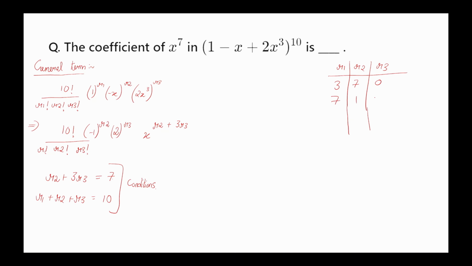I can have 7, 1 and 2 here. And what else can I have? I can have 5, 4 and 1. This is one more thing that can be done. So keep this in mind. Now that I've found only 3 cases, apart from this, I do not think there are any more cases that can solve both these conditions. So there are 3 cases that I've gotten.